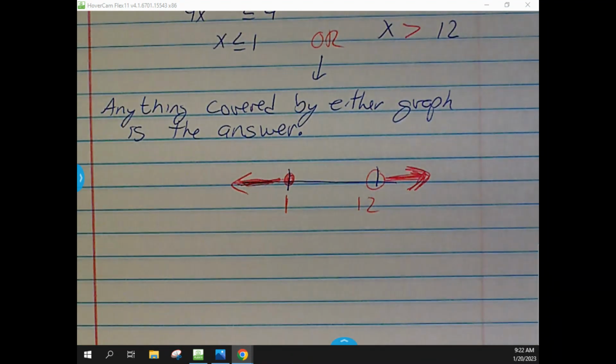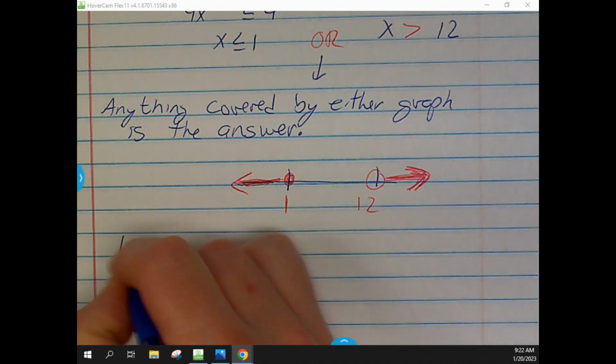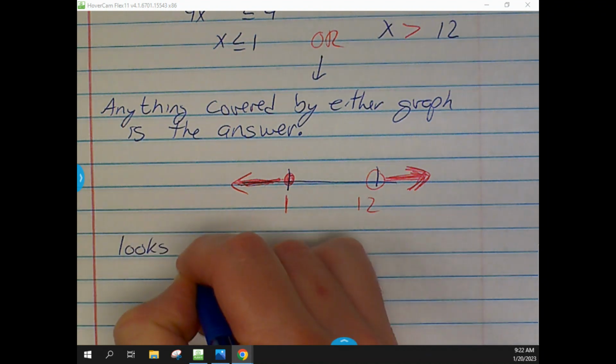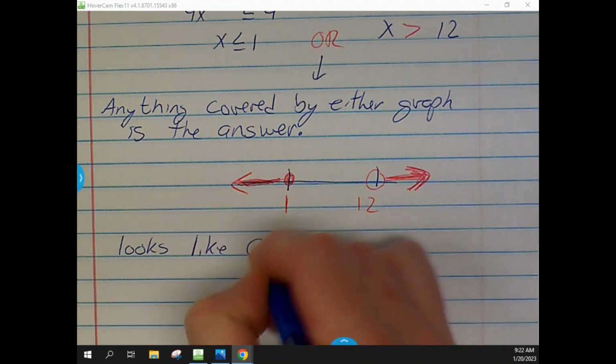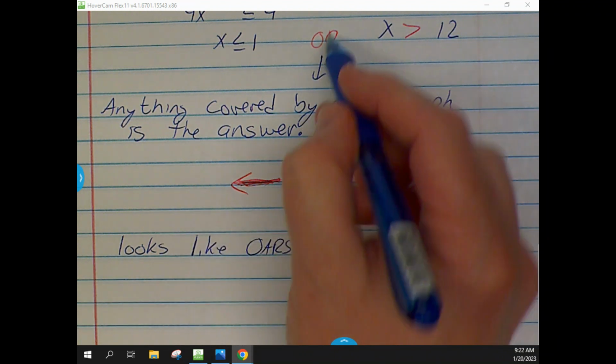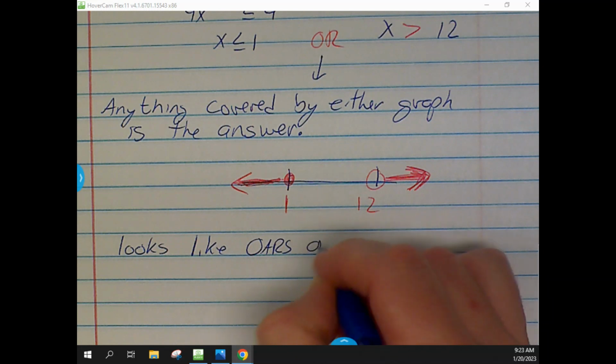Okay, so if the and was a sandwich because you had the and in it, the or graph looks like oars on a boat. Get it? Because it's an or statement, so we got ors on the boat.